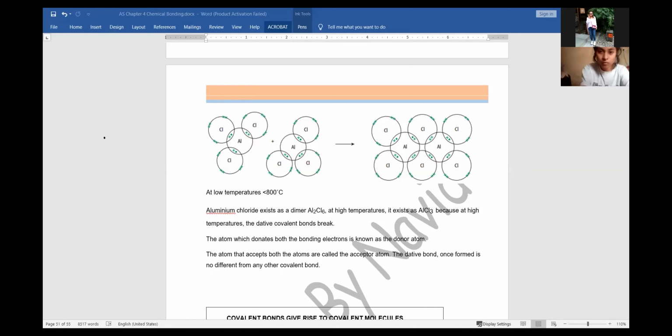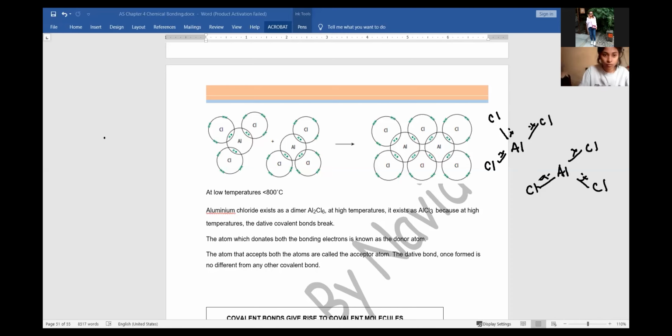Okay, so let's proceed. I'll repeat this again. So aluminium, normally aluminium chloride, due to its electronegativity difference, they form covalent bonds. So aluminium has 6 electrons around it. This aluminium also has 6 electrons around it.